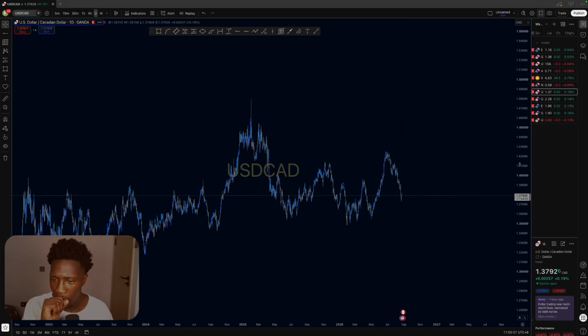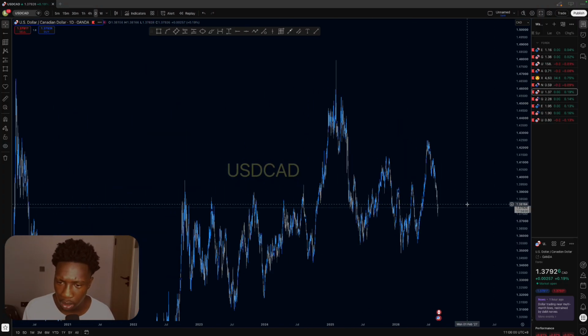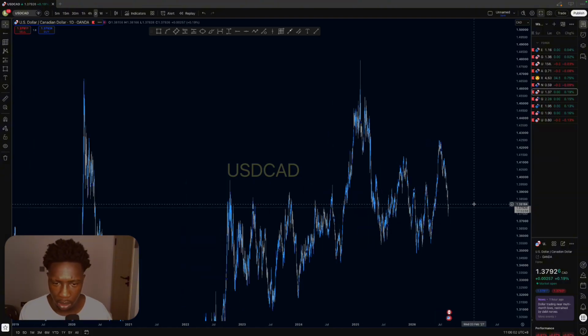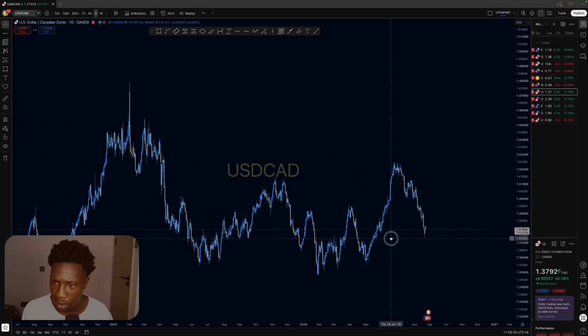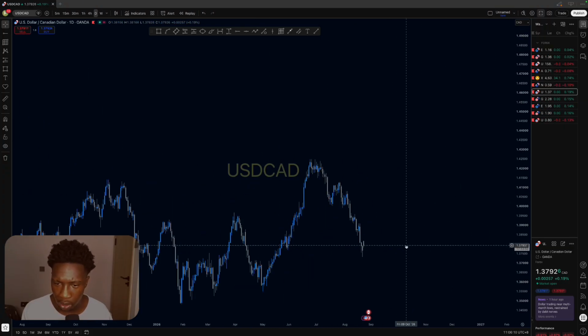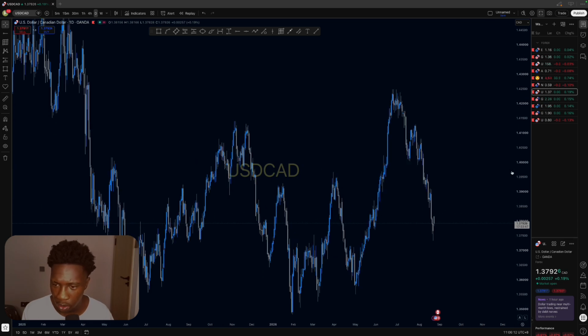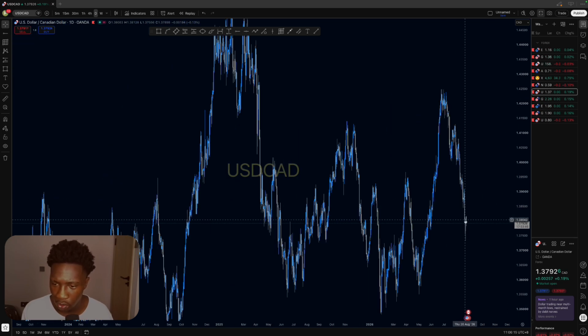I can say uptrend, yes, but I will see what the structure of this pair is doing, because I can't see fully what it is doing.